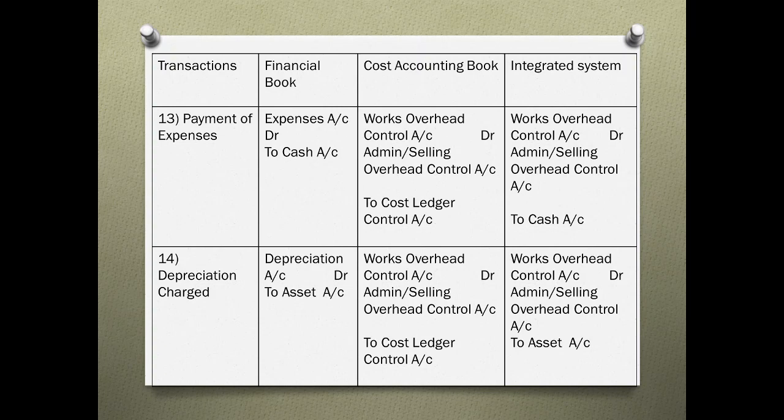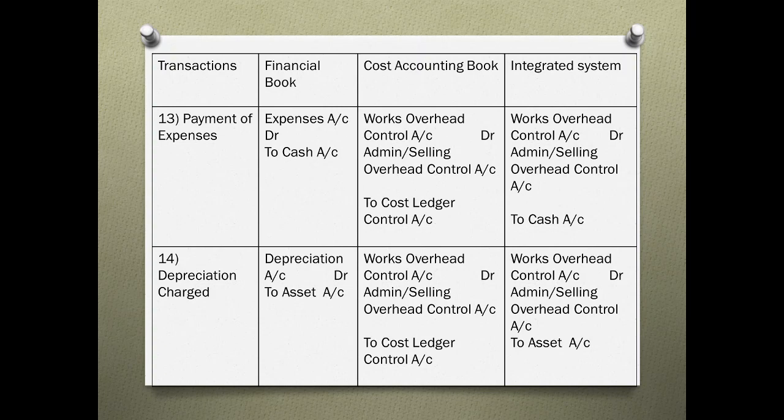So depreciation account debit to asset account. Under cost accounting, how would this be recorded? Again we have to be specific whether it is related to assets of the factory, office or sales. Accordingly, work overhead control account debit, admin overhead account debit, or selling and distribution control account debit to, instead of cash, cost ledger control account.